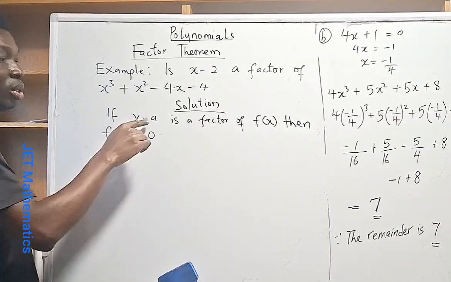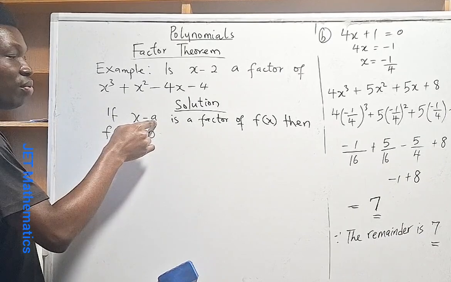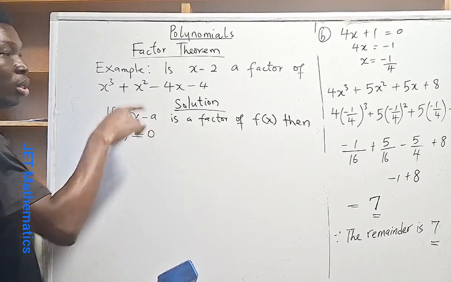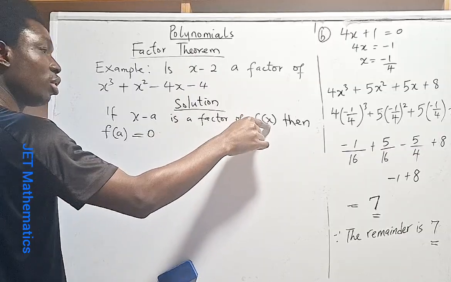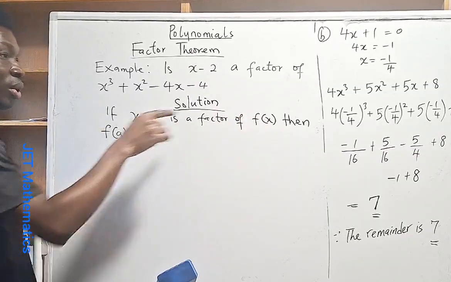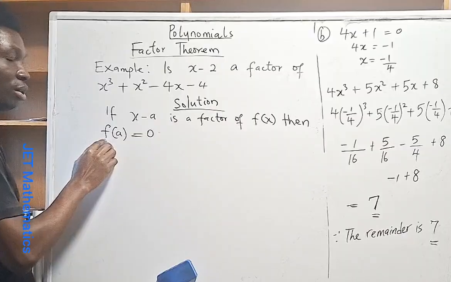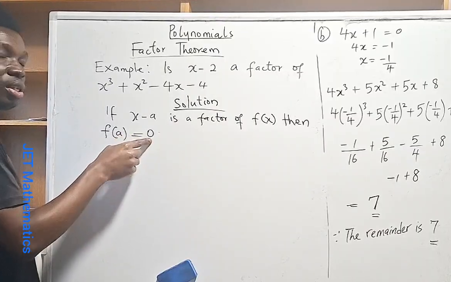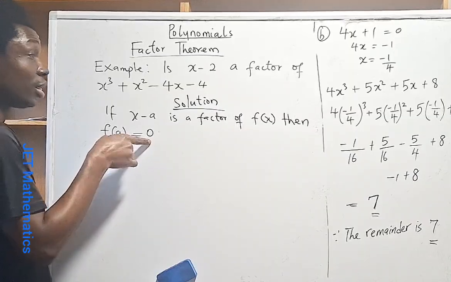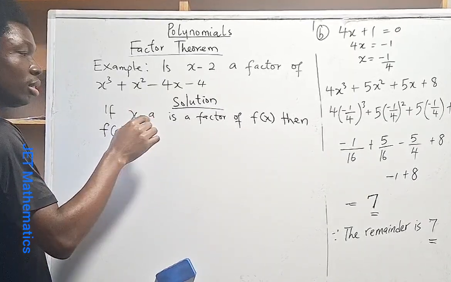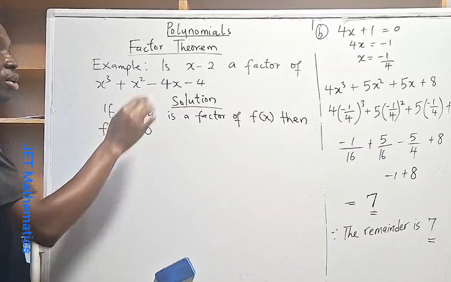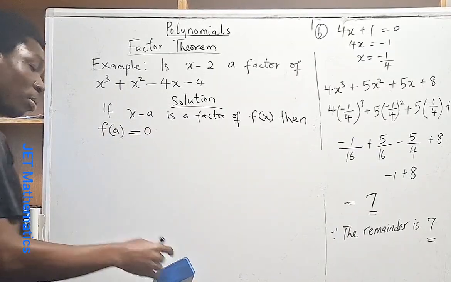So we equate this to 0, get the value for x, which will be equal to a, and substitute it into the function. If the polynomial results in 0, the remainder becomes 0, then this becomes a factor of the polynomial. So we'll apply that quickly.